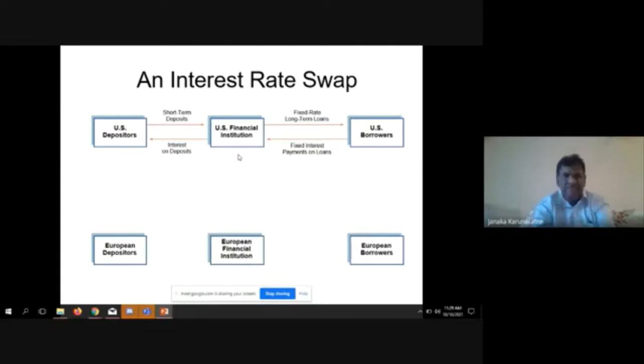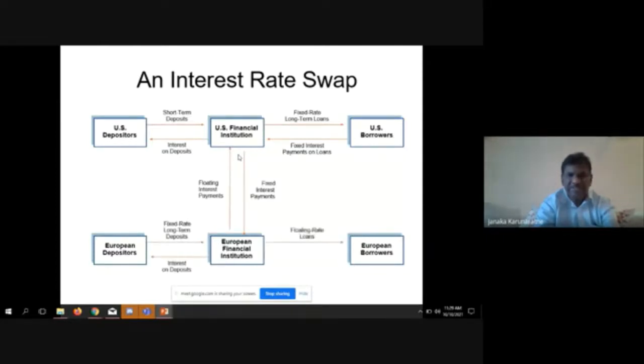Then we have the European financial institution. I go to the bottom part first. Different structure. They have floating rate loans and fixed rate deposits. So they are subject to the opposite risk, that is interest rate decline.